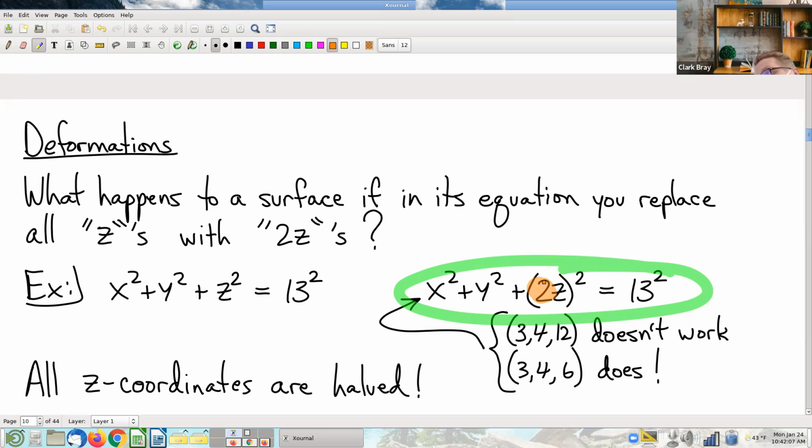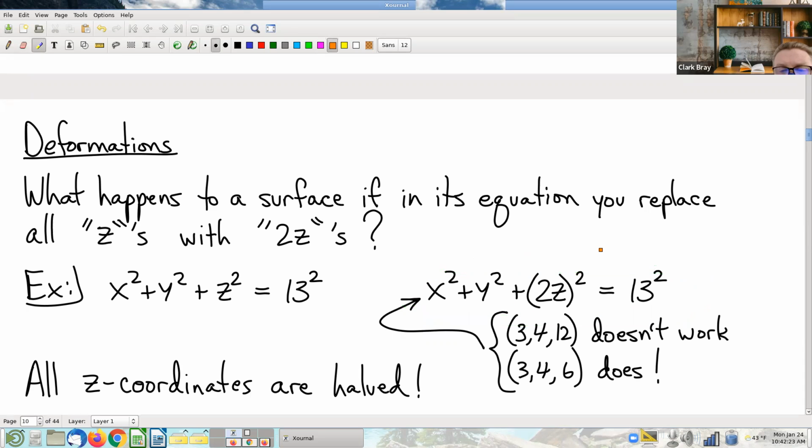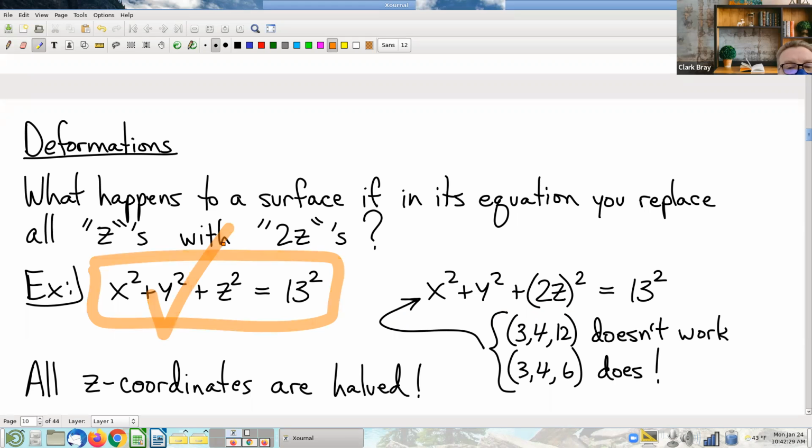I could rethink entirely from first principles what this equation is, but wouldn't it be nice if I could relate this to something I already understand and figure it out from there? So here's the big idea. Let's notice that this equation is what you get when you start with this equation that I totally understand. That's a sphere, right? Good old sphere, easily recognized, highly familiar.